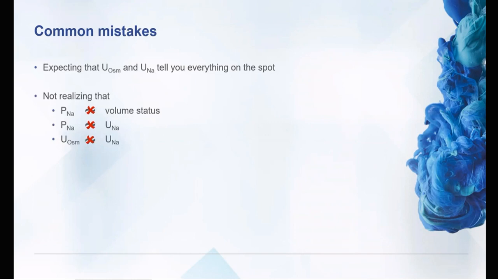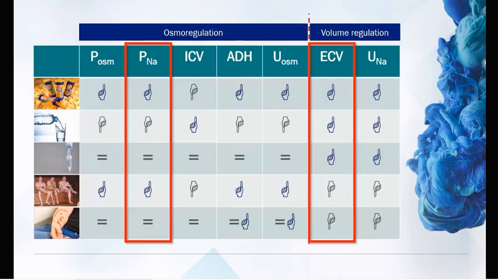The second common mistake is that some people do not realize that plasma sodium is not in proportion with volume status, that plasma sodium is not in proportion with urinary sodium. They do not have a proportional relationship, and urinary osmolality does not have a proportional relationship with urinary sodium. And I again refer to this table here.